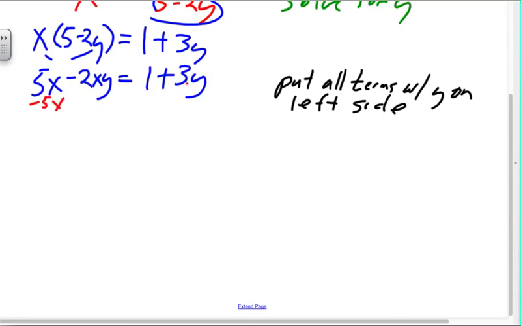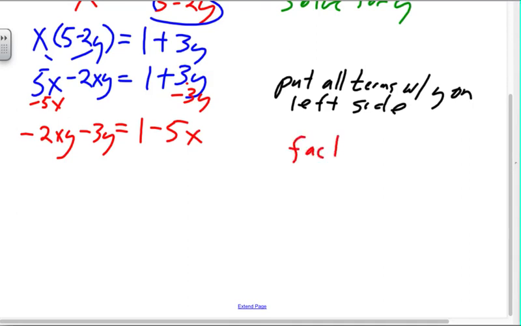I need to move this over, so I'm also going to subtract 3y. That's going to give me negative 2xy minus 3y equals 1 minus 5x. Okay, now I'm going to factor out my y term. That way I can solve for it.